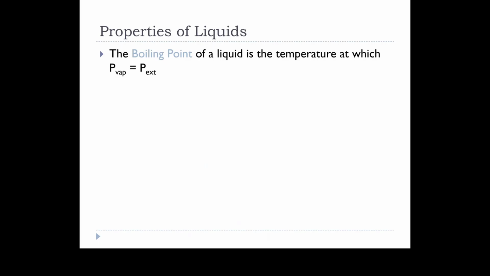So water here boils at maybe not 100.00, but maybe 99.99 degrees. In Colorado, maybe that's 99.1 degrees, because they're higher up than us. So when your vapor pressure equals your external pressure, that's your boiling point.